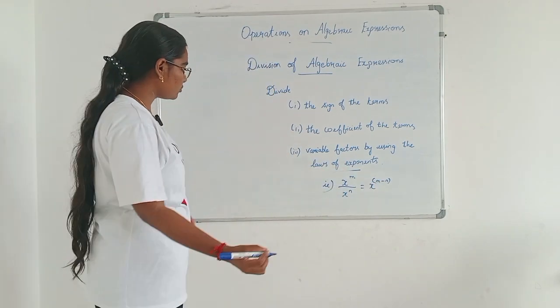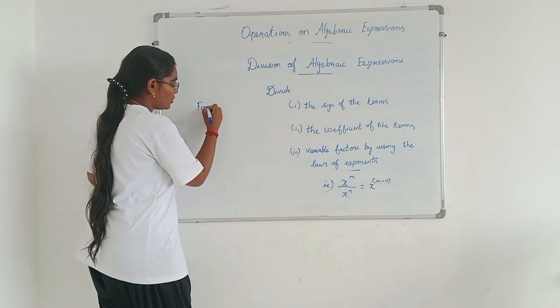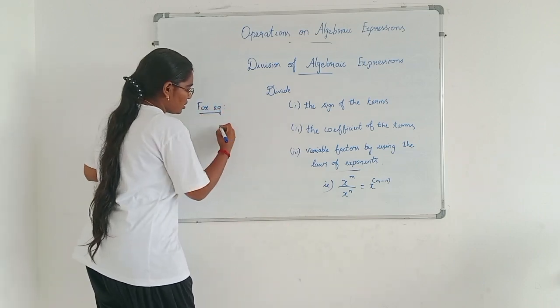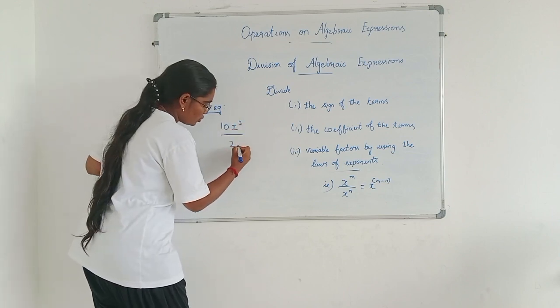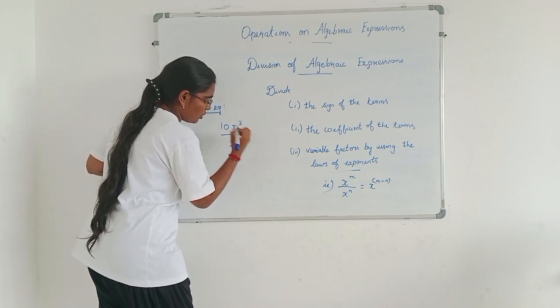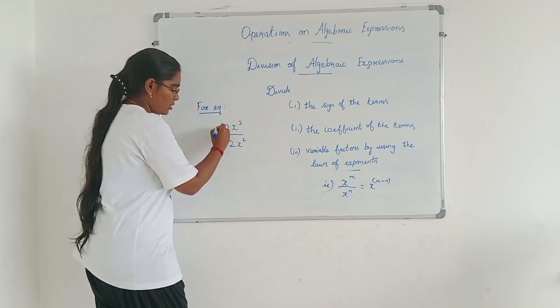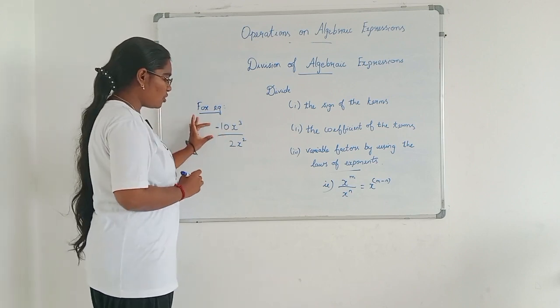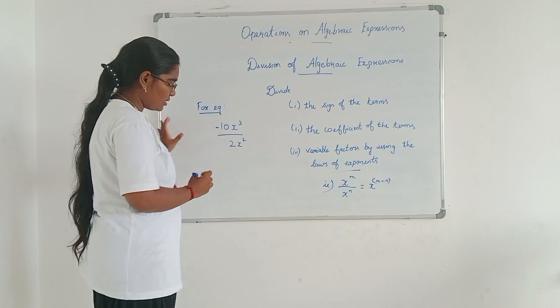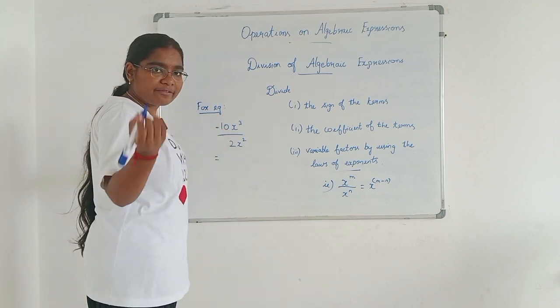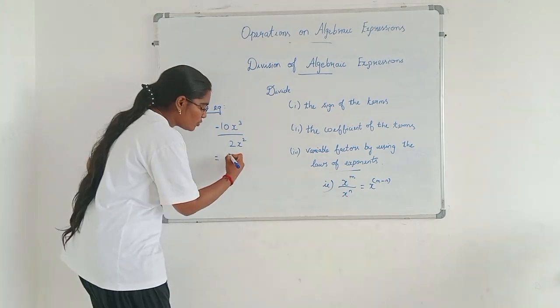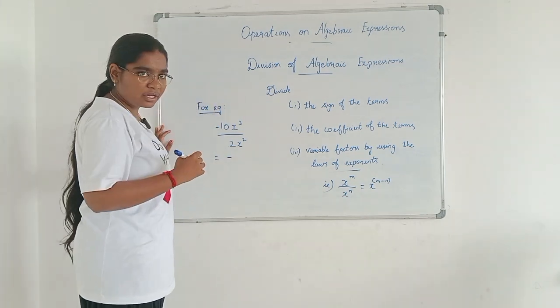Okay, so for example, minus 10x cube divided by 2x square. Consider the sign. This is minus, this is plus, so the signs are different, so obviously we get minus.